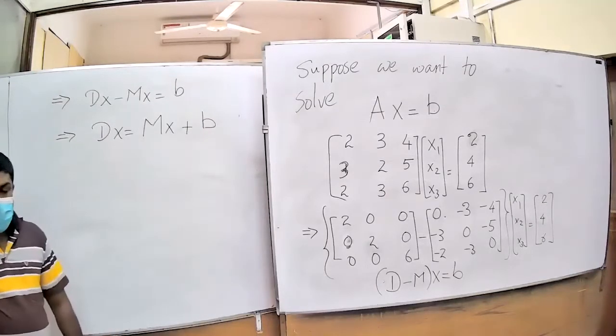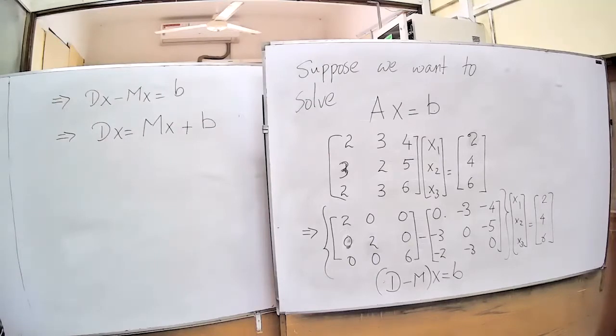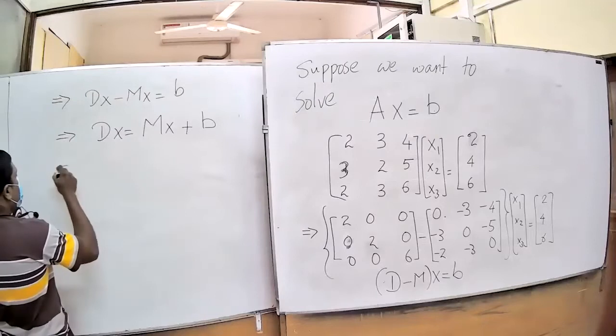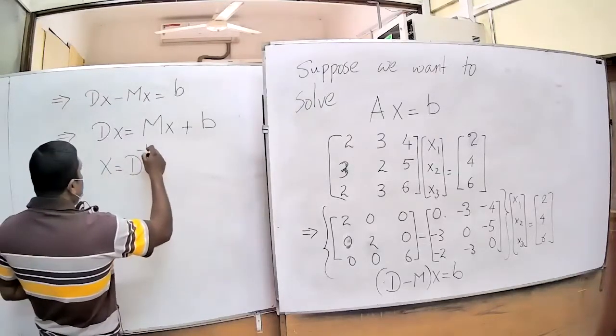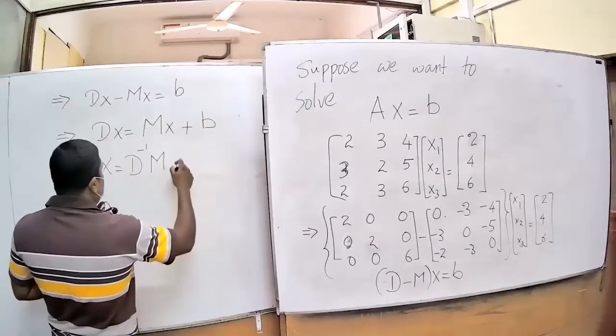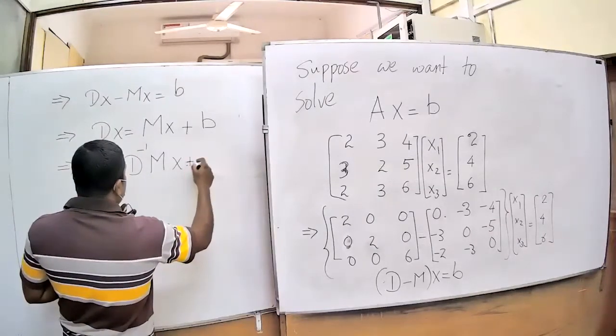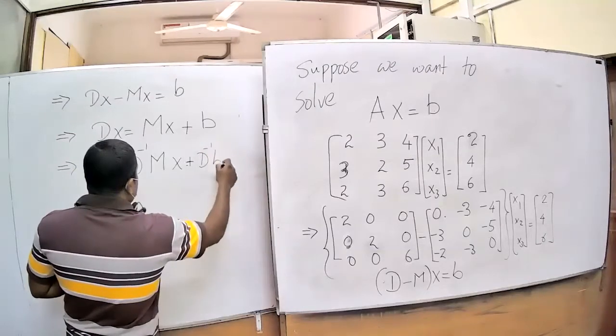Now I multiply by D inverse. This gives me X is equal to D inverse M times X plus D inverse B.